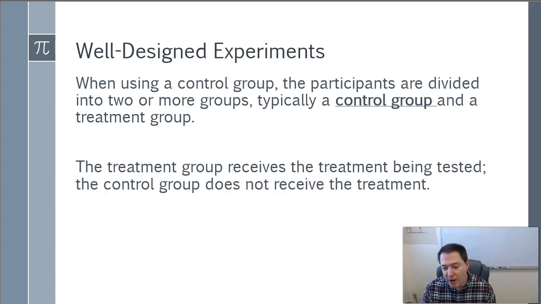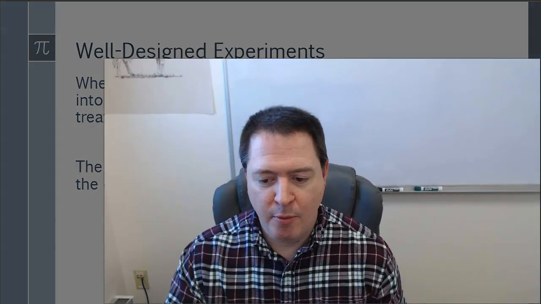Okay, so a well-designed experiment should have a control group, okay? And that's what I was essentially talking about there, right? If every patient who came to me, as a research doctor, I gave the same drug, I wouldn't be able to tell how much better that drug is than doing nothing, right?